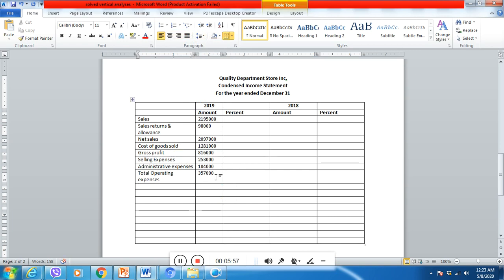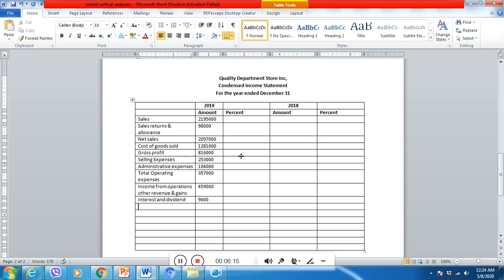Then income from operation, other revenue and gains, interest and dividends.